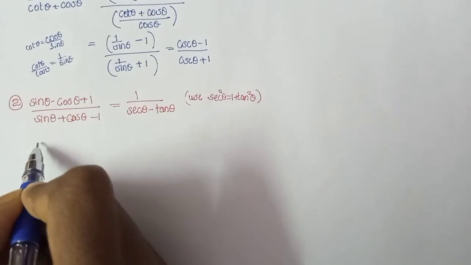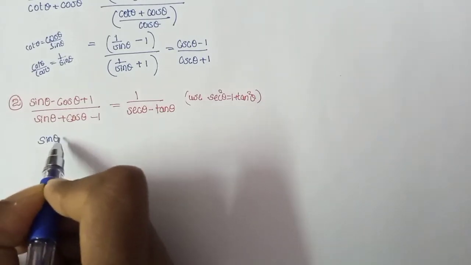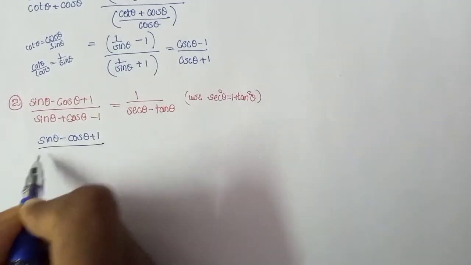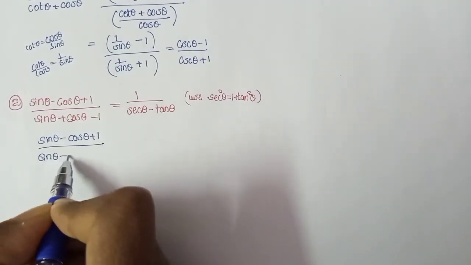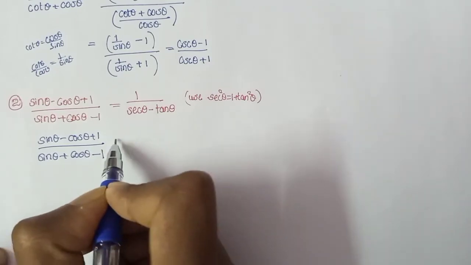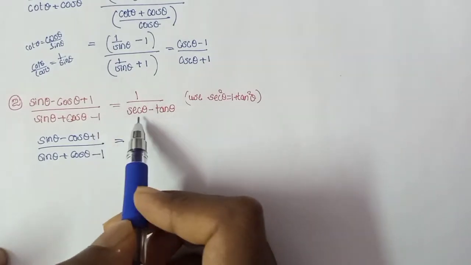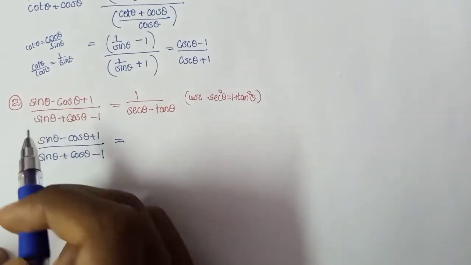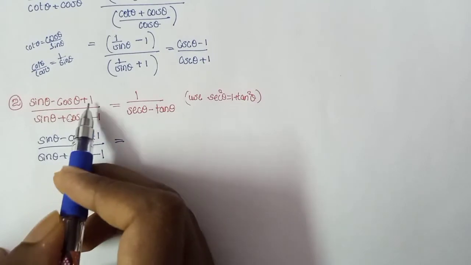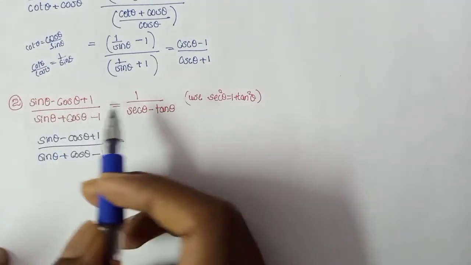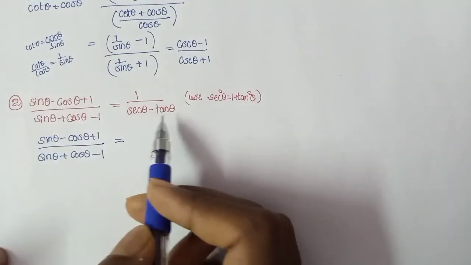Solution is (sin theta minus cos theta plus 1) divided by (sin theta plus cos theta minus 1). This is equal to, if you observe, here sec theta and tan theta are there, here sin theta and cos theta are there. So I want to divide this equation with sin or cos to convert them into sec and tan.